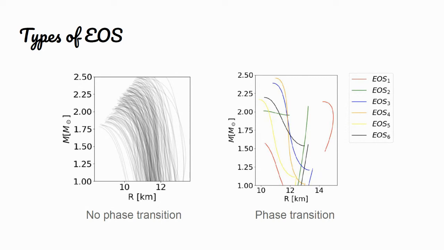But we can continue this discussion about phase transition, because we actually don't know whether it exists. We don't know what order it has if it exists. So there are a lot of question marks here. It may be that there is no phase transition in dense matter.